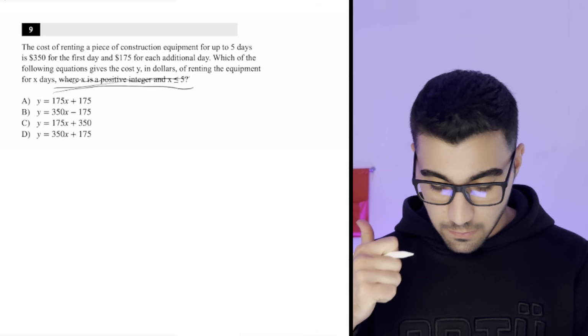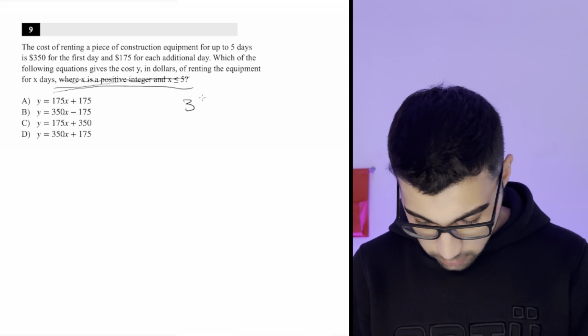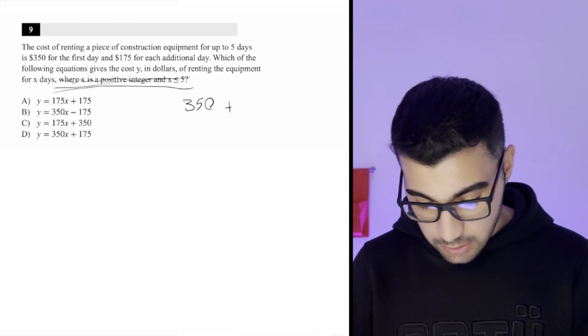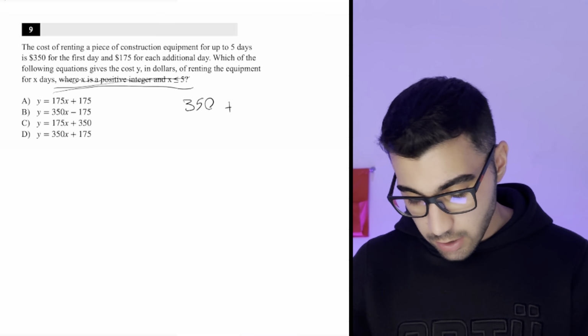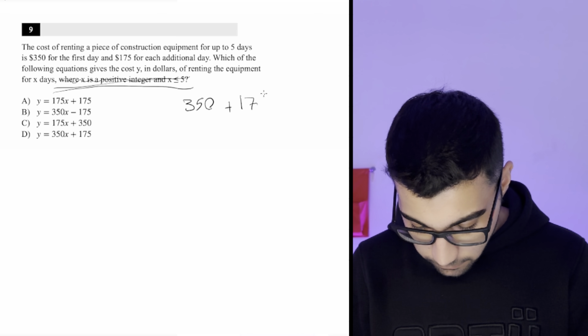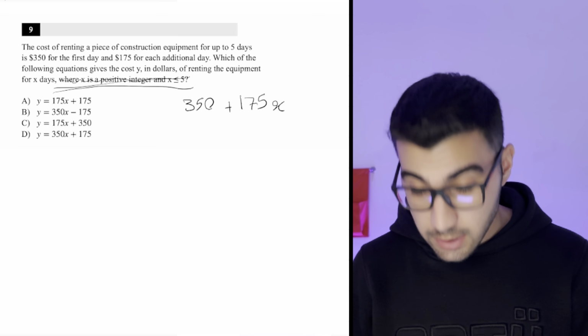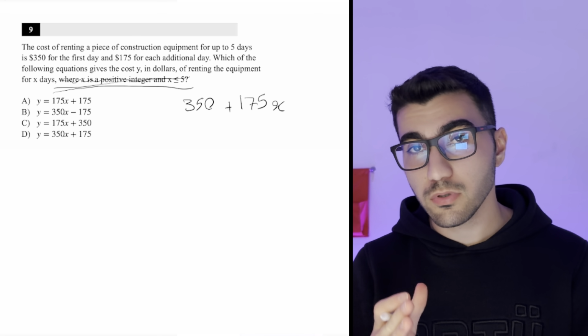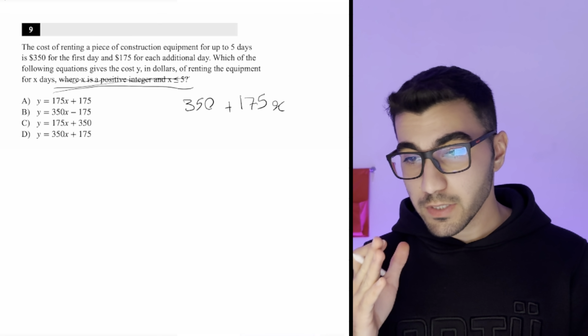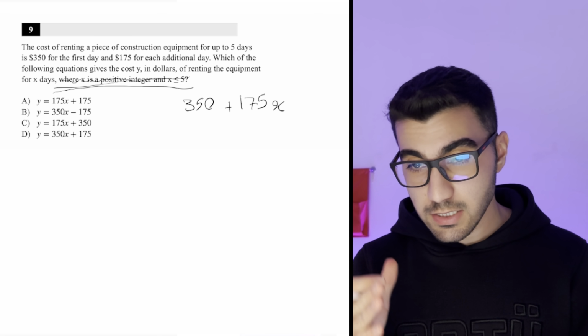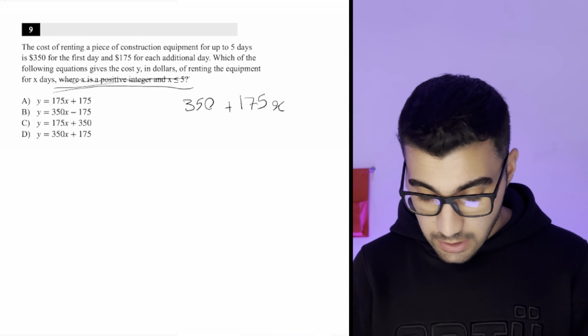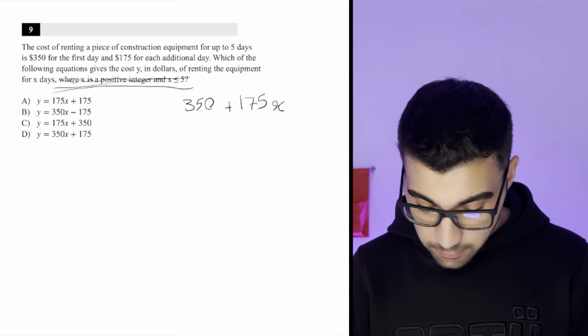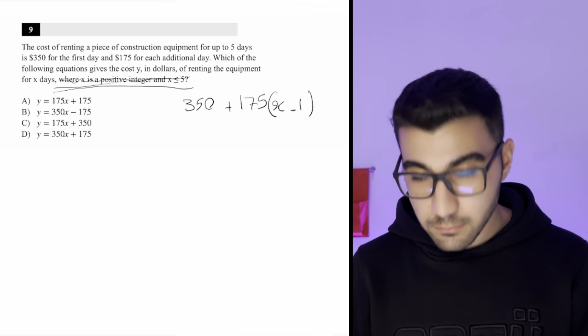The first day we pay $350 plus, and each additional day we pay $175. So 175 times x. This is what most of you do wrong. 175 times x is the number of days, but the first day you already counted here, so you want to do 175 times (x minus 1).